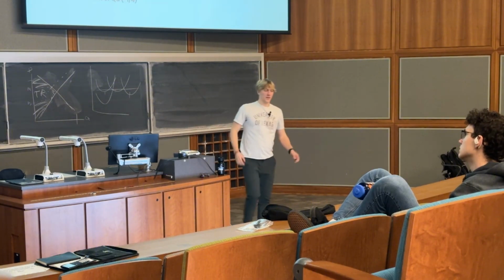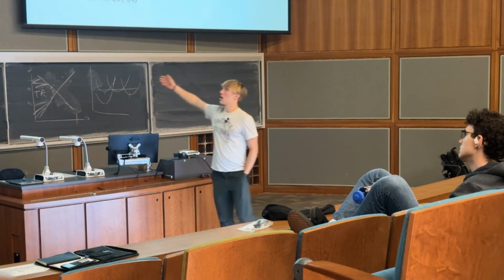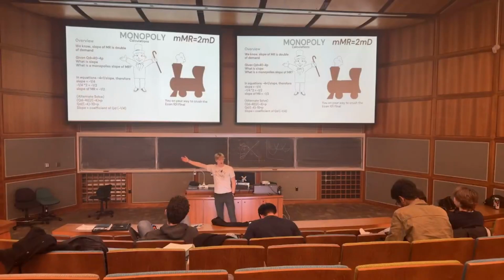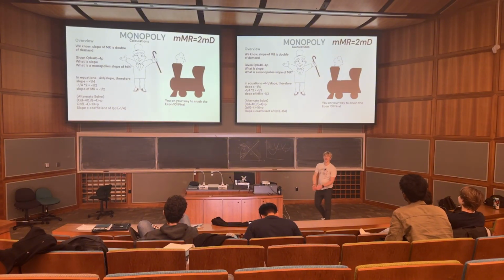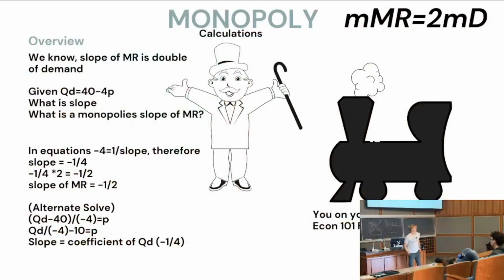So in calculating this, it's a little complicated, but basically you're going to rearrange the formula. So let's say we're given that same formula, what is the slope? Yeah, exactly. Okay, so then what is the monopoly slope? 2 times that. It's going to be negative a half. Exactly.